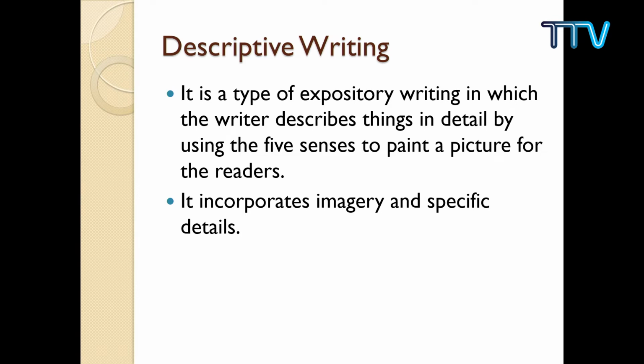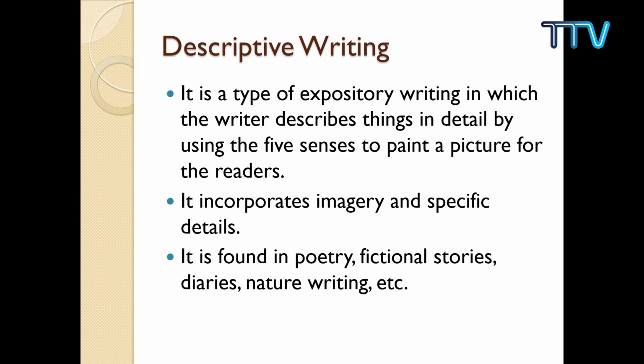It is found in poetry, like I told you, where a lot of imagery is used to appeal to the senses of the reader. So this is usually found in poetry pieces, isn't it? And then in fictional stories, in diaries, and nature writing. When you describe nature, you give a lot of details, right? So this type of writing is called descriptive writing.